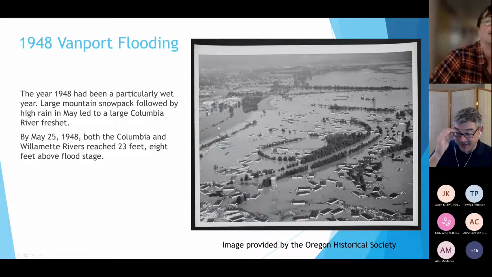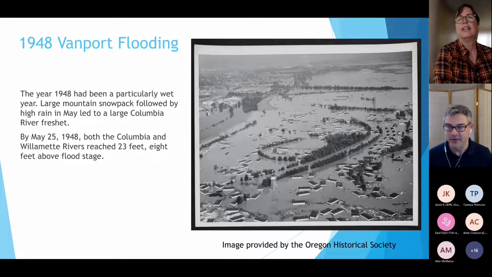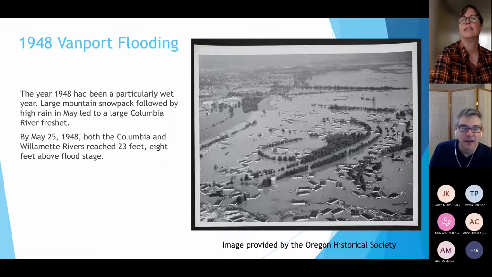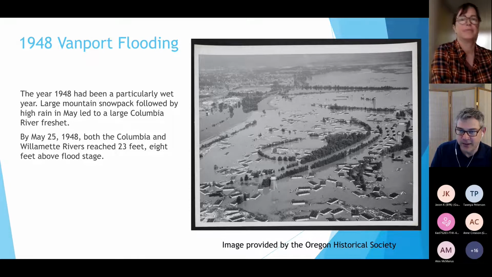This is a bit of a sidetrack, but it's called the Vanport building. From a School of Public Health perspective, there's a public health angle to the Vanport flooding of 1948.